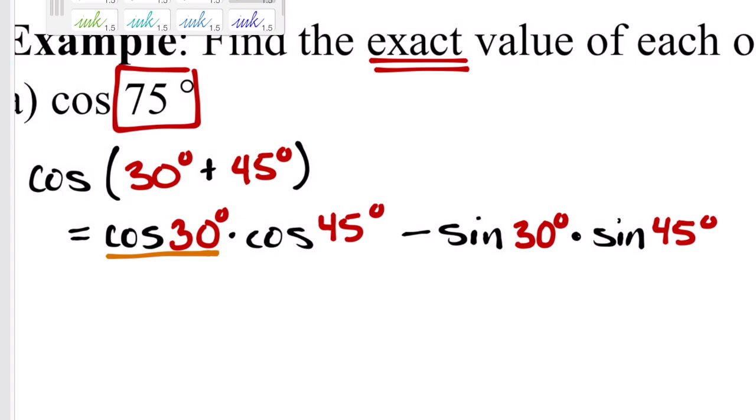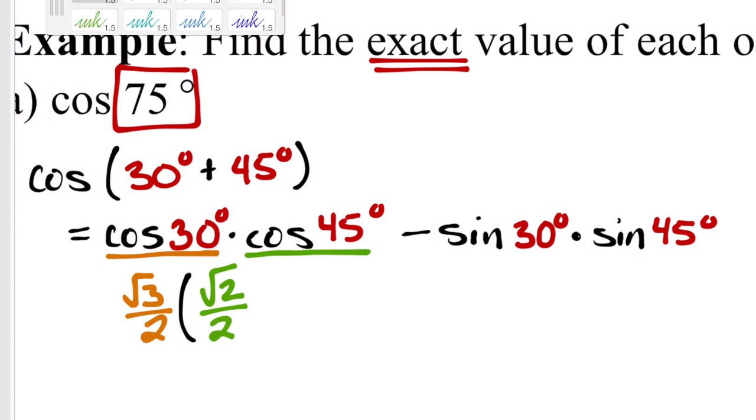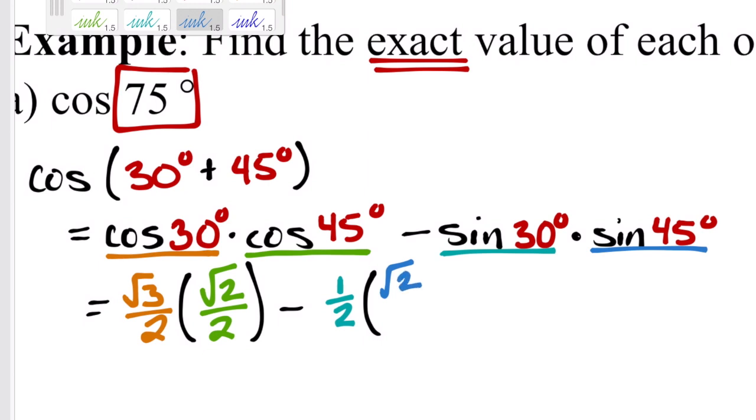Using the trig hand trick, or if you memorize the unit circle, that's square root 3 over 2. That multiplies with the cosine of 45 degrees, which is square root 2 over 2. Then this subtracts my sine of 30 degrees, which is 1/2, multiplying with my sine of 45 degrees, square root 2 over 2.